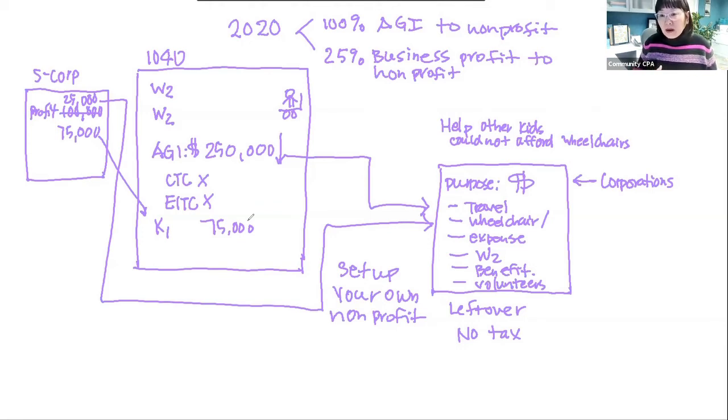So this is where I simply want to say to you: the nonprofit, you can form one. You don't need to rely on donations to United Way, having them go around and accomplish the purpose you want them to accomplish. Maybe they never do. You don't need to rely on any other existing nonprofit; you can do it on your own.